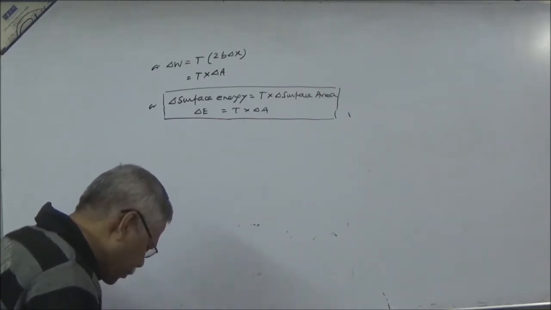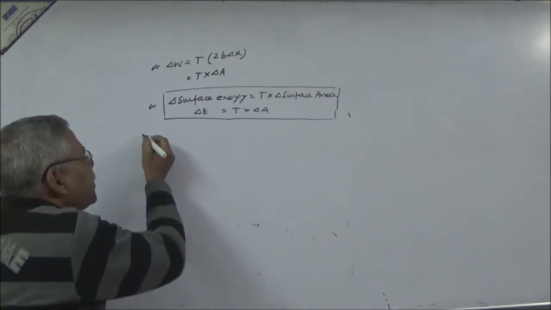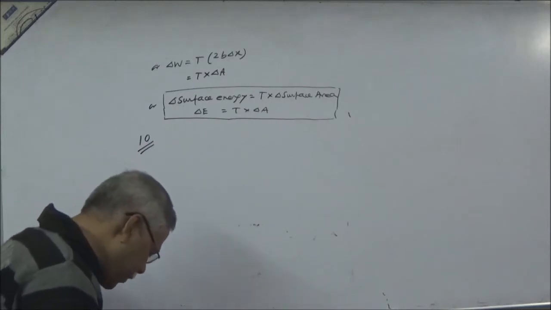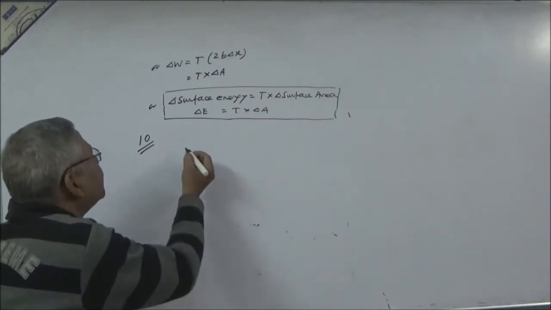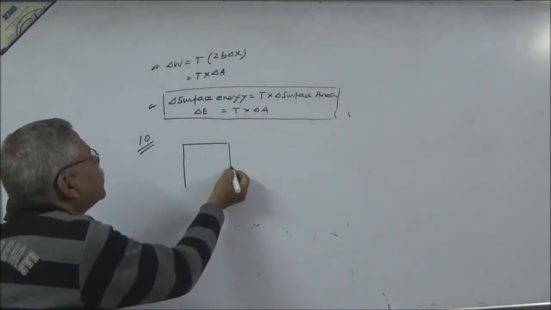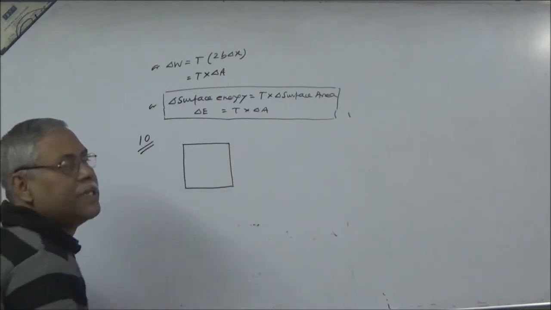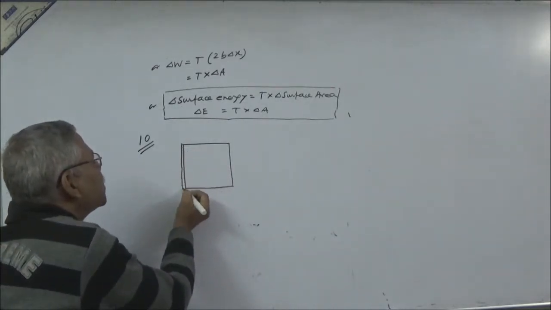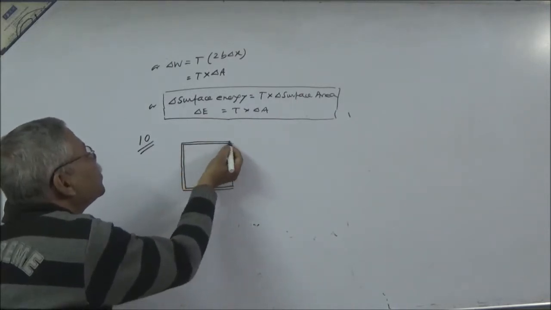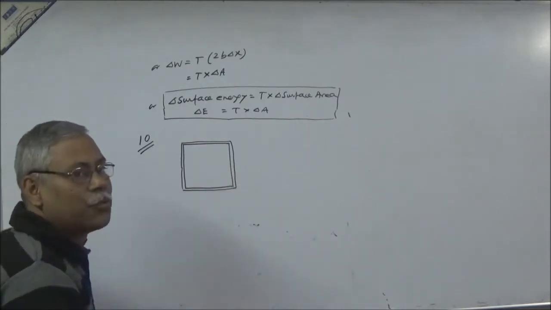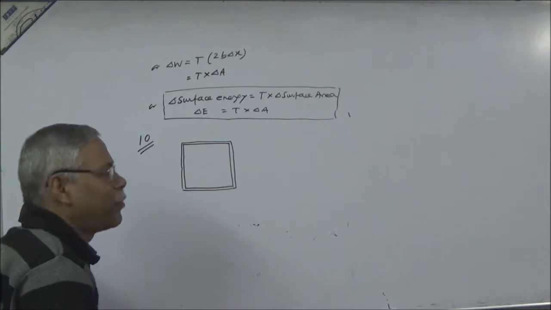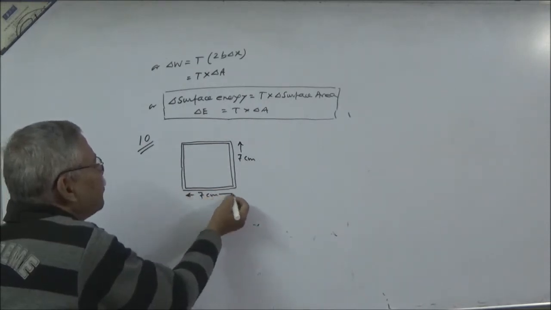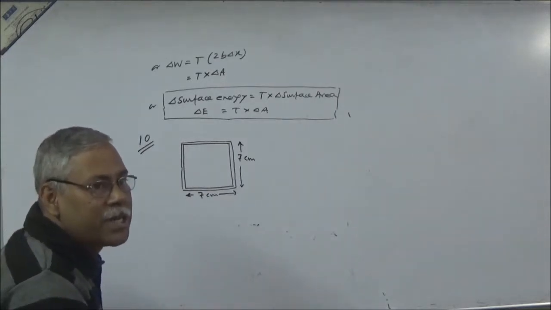Problem number 10, page number 400. This is actually, the figure shows a wire frame, square type of frame, length of this 7 centimeter, length of this is also 7 centimeter.